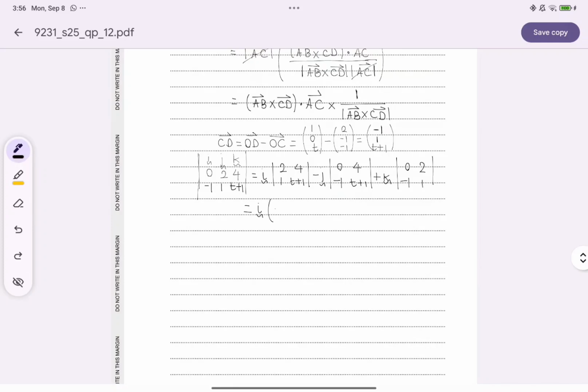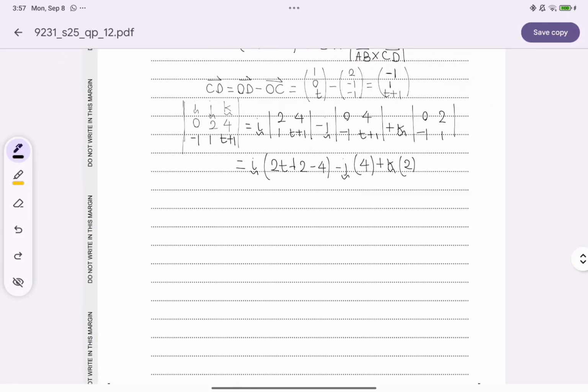So I would be 2 times T plus 1, which is 2T plus 2, minus 4 times 1, which is minus 4, minus J times 0 times minus negative 4, which is just 4. Okay, and then plus K, 0 minus negative 2, which is 2.